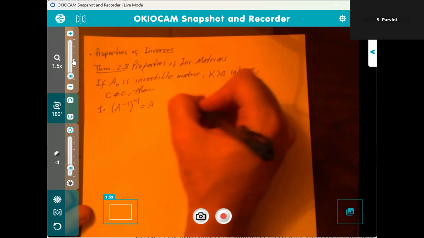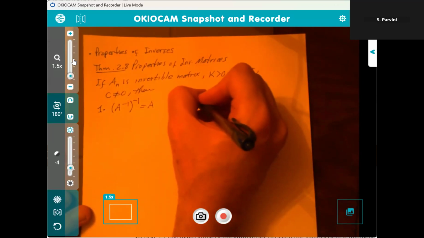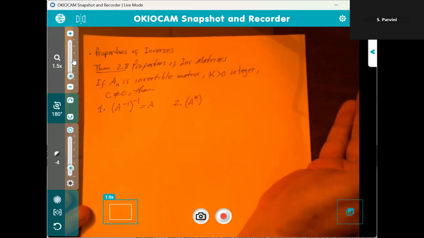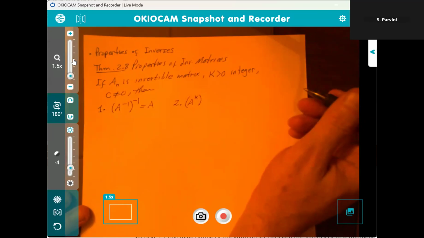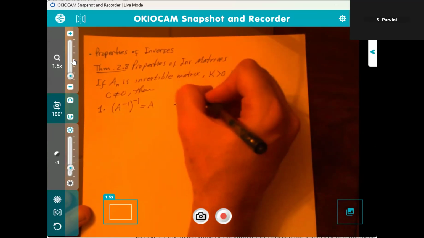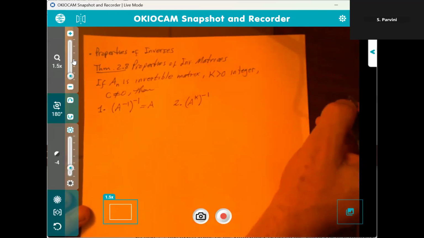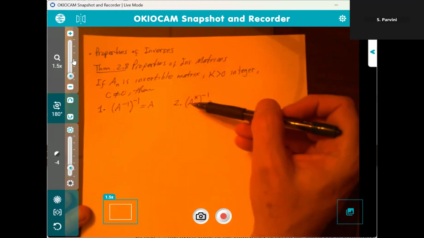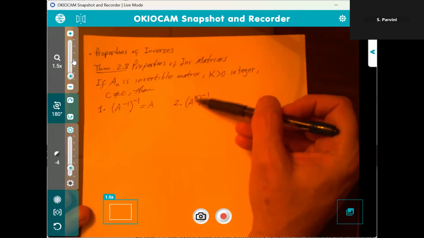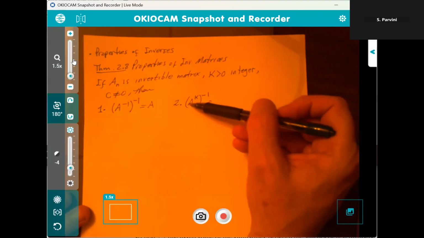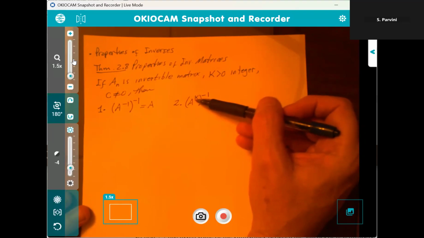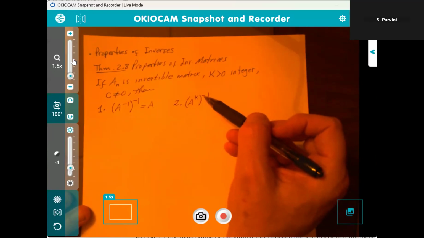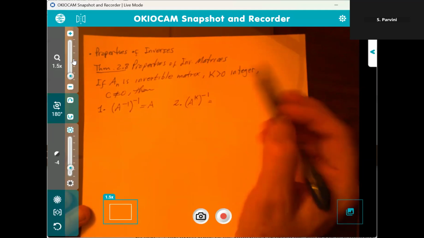Item number 2. If we have A to the k power, remember k is a positive integer. So for example, let's say I raise it to a 3rd power, A cubed. A cubed means A times A times A. And I want to find the inverse of that A cubed.